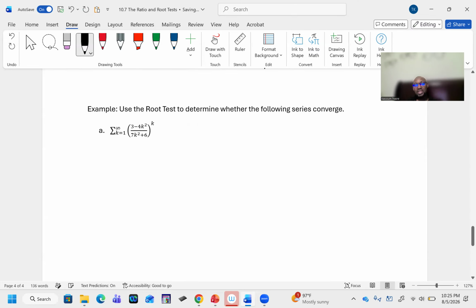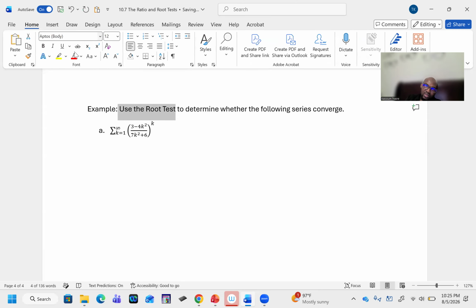In this case, we use the root test to determine whether the following series converges.